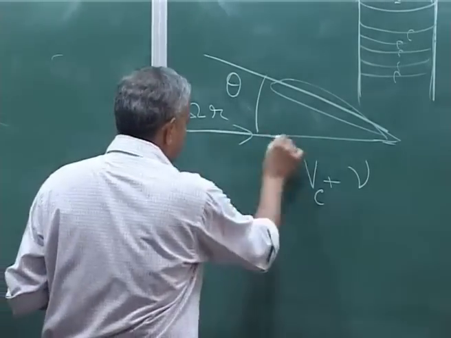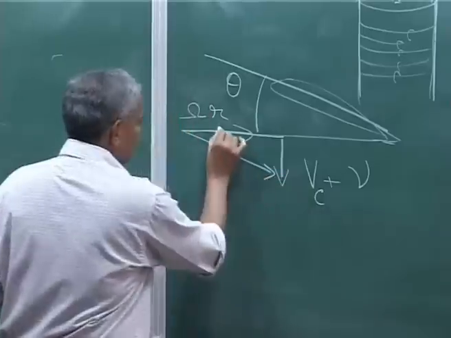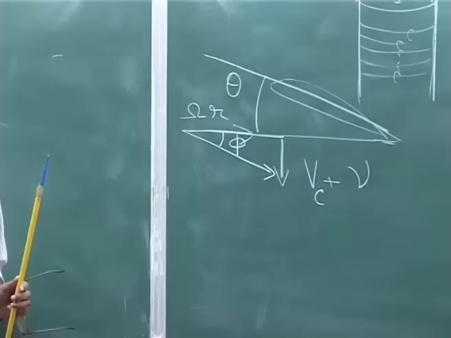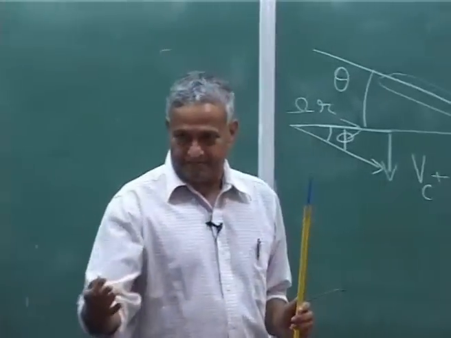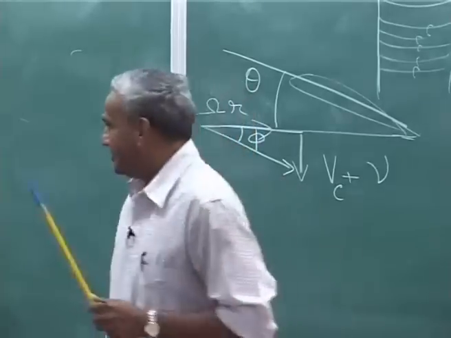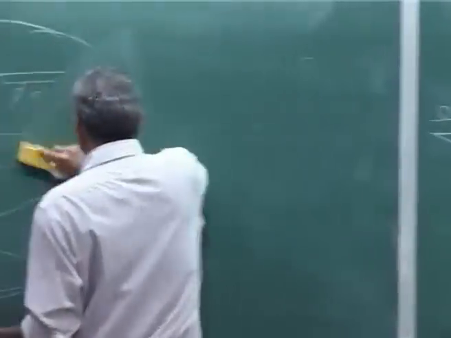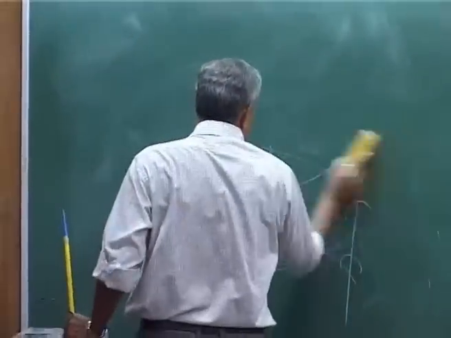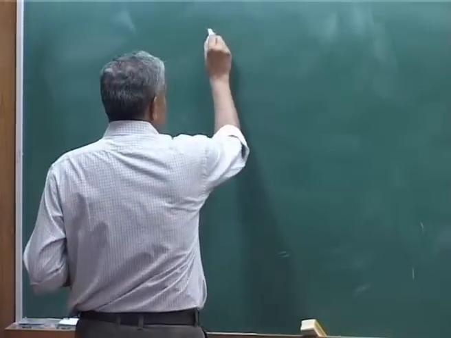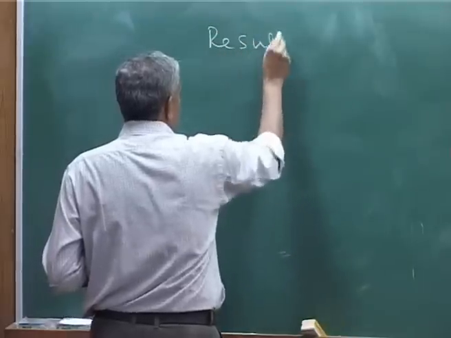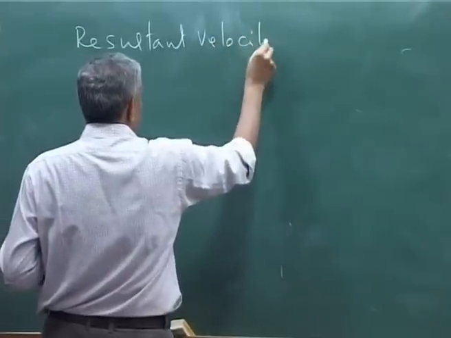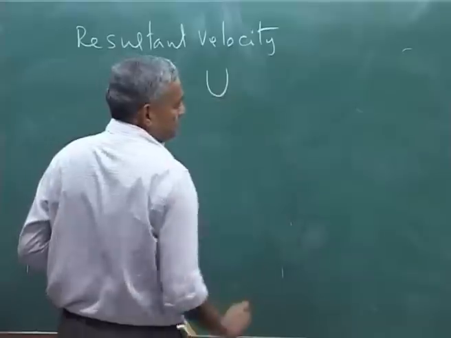So this is the phi. Phi is the change because of the normal flow. So you will have your resultant velocity u.